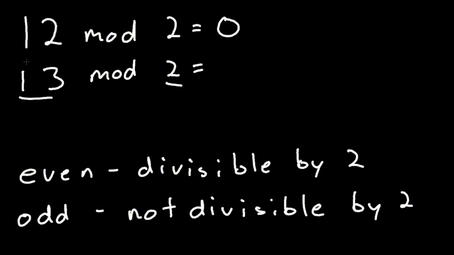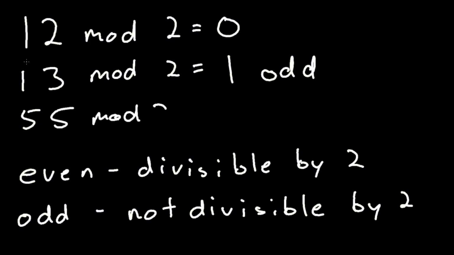So what's 13 mod 2? 13 mod 2 is 1. And since we have a remainder, since the mod is not equal to 0, 13 is not divisible by 2. Therefore, 13 is an odd number. Let's try 55. 55 mod 2, right? So if you want to determine the parity of a number, take its mod with 2. 55 mod 2 is 1.